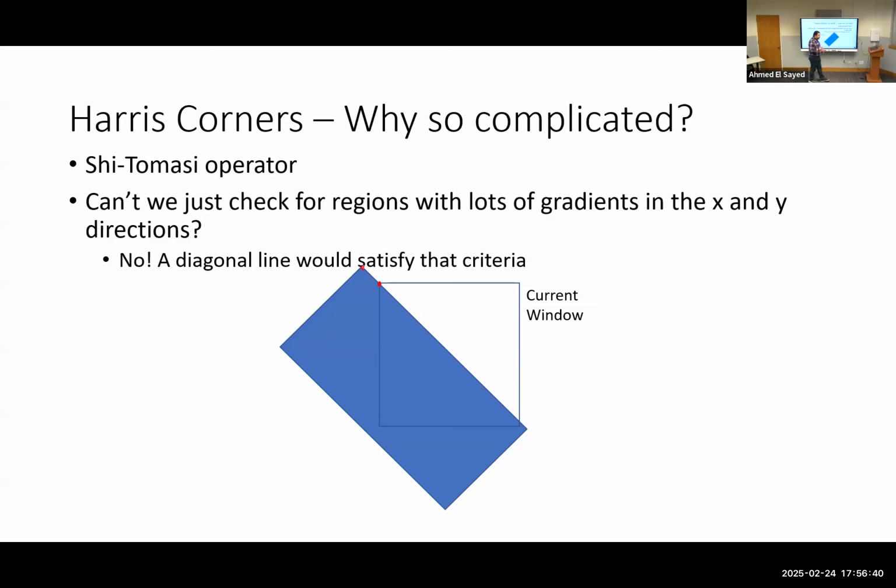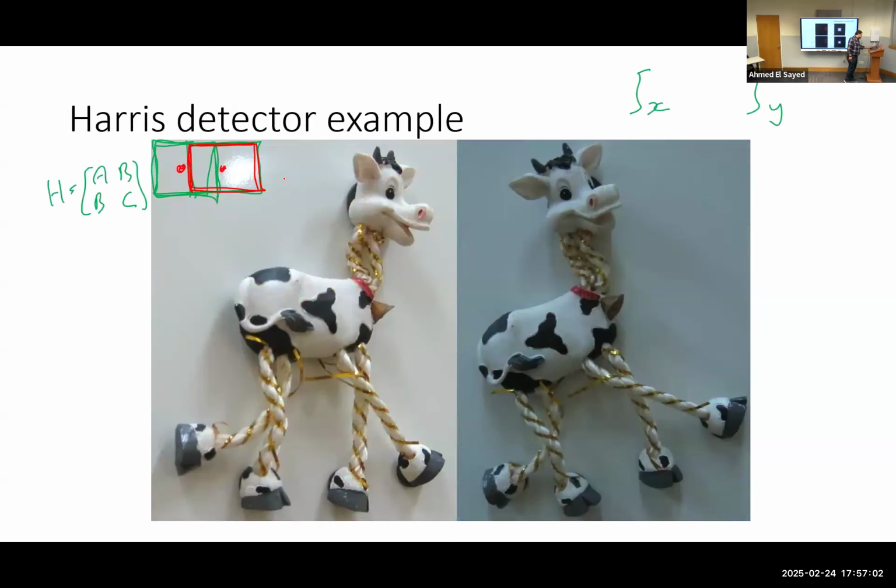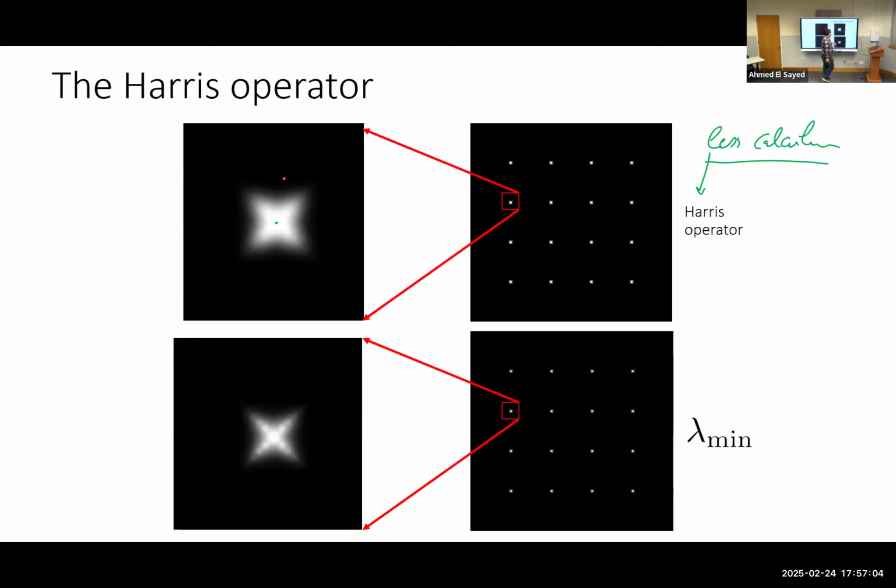So it's not a straightforward technique to find some corners. That's why they decided to use another operator. The same exact algorithm with the Shi-Tomasi operator, which is a modified version of the original Harris, but it's easier for calculations.